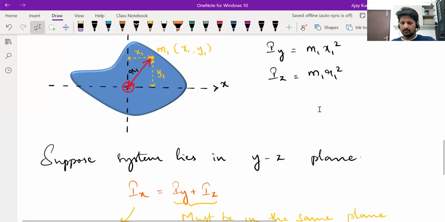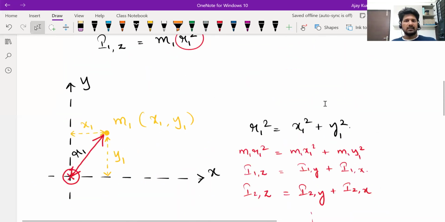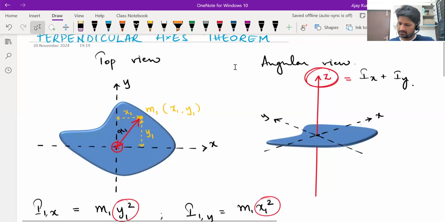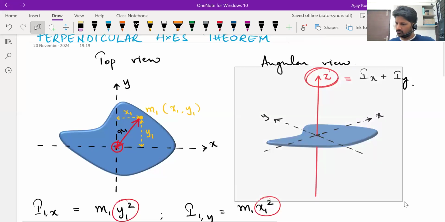Now, why is this valid only for planar systems? What if it's not a planar object? See, suppose there is a three-dimensional object. Let's consider these X, Y, and Z axes from the angular view.